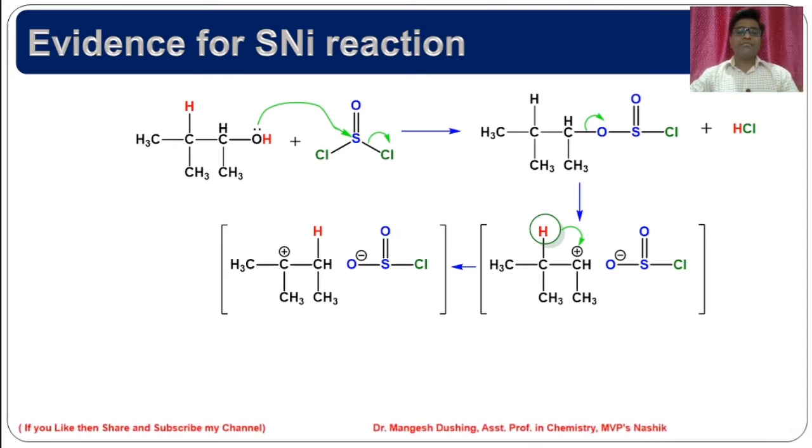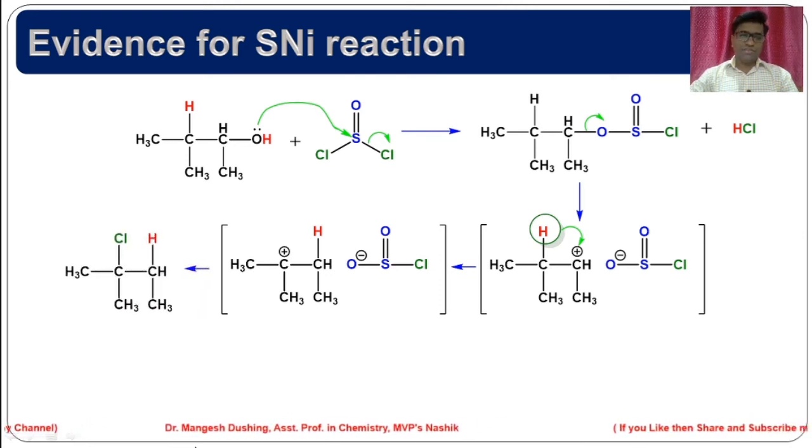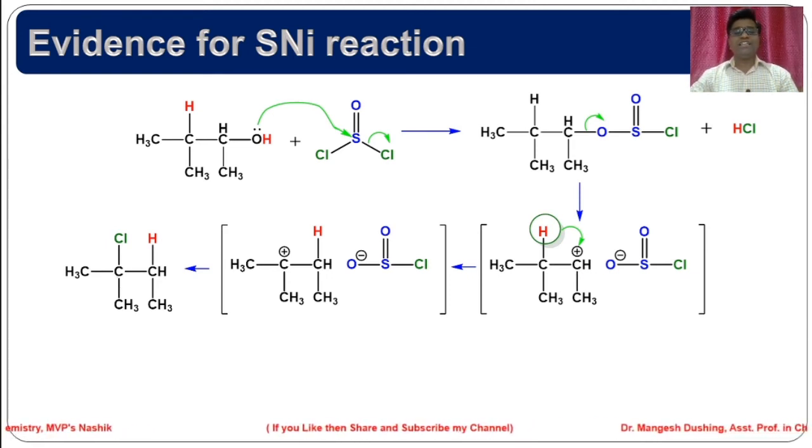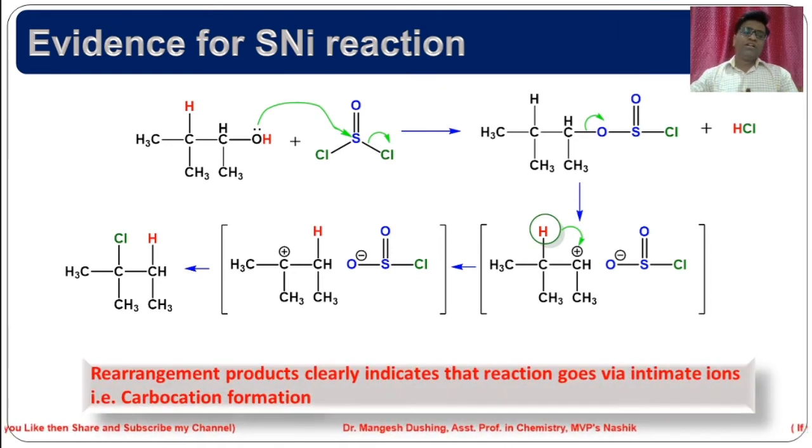In these intimate ion pairs, again these electrons come inside, this Cl minus attacks this carbocation and we get this product. Now instead of OH being replaced by Cl on the secondary carbon, we get this chloride on the tertiary carbon. It clearly indicates that the reaction goes via formation of carbocations, that is intimate ion pairs. So rearrangement products clearly indicate that the reaction goes via intimate ion pairs, that is carbocation formation.